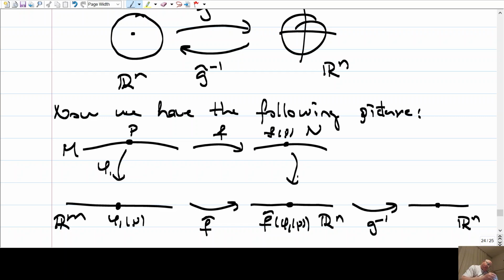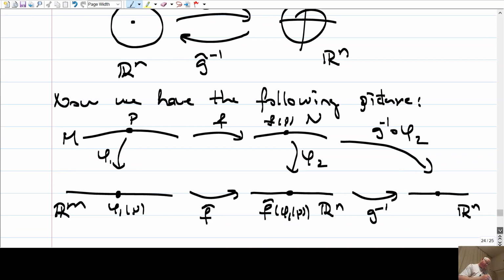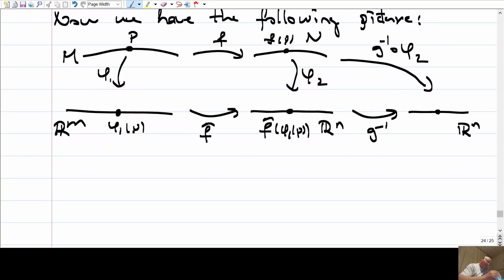Here I had phi 2, and this map is just what? Phi 2 and then G inverse. So G inverse composition with phi 2. Now, this is another coordinate system.